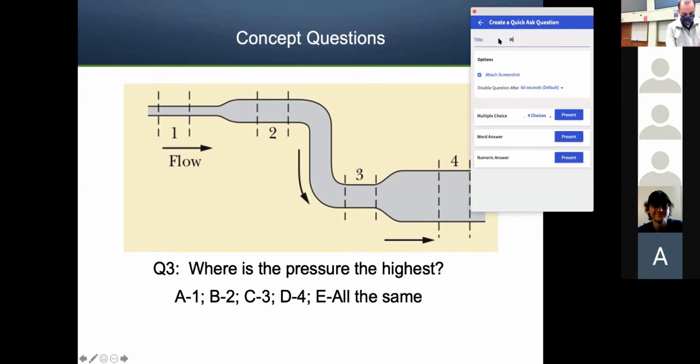So I'll just start it. Or are they all the same?